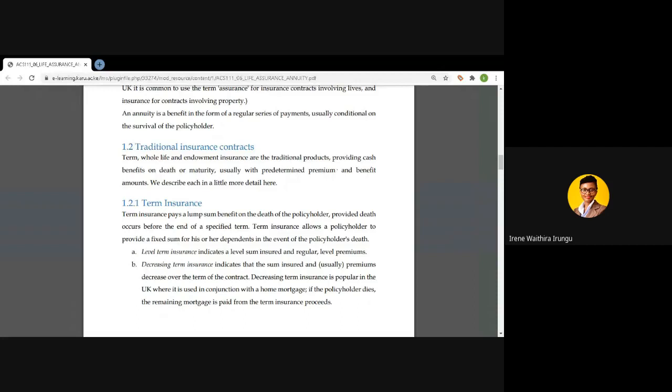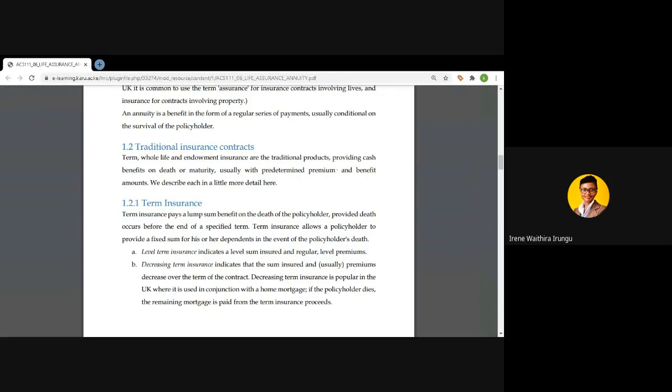And also the sum assured, which is payable to the beneficiaries upon the death of the policyholder, is also constant, or level. So when both the premiums are constant and the sum assured payable is also constant, then we speak of a level term assurance or a level term insurance.